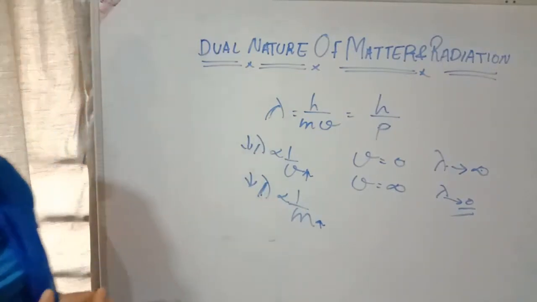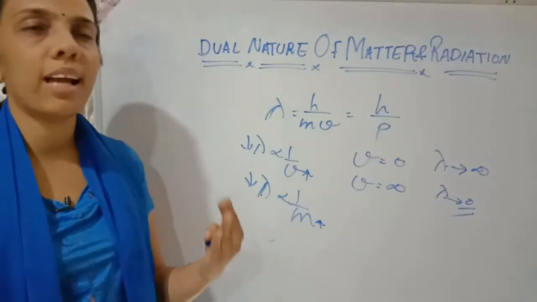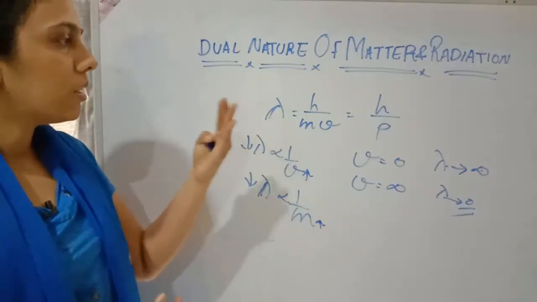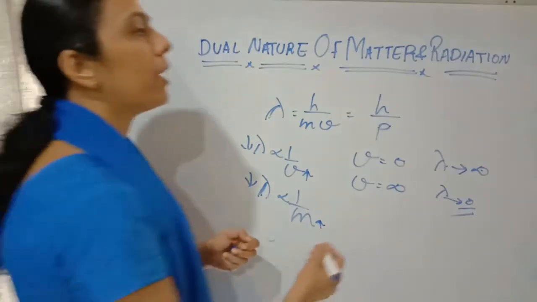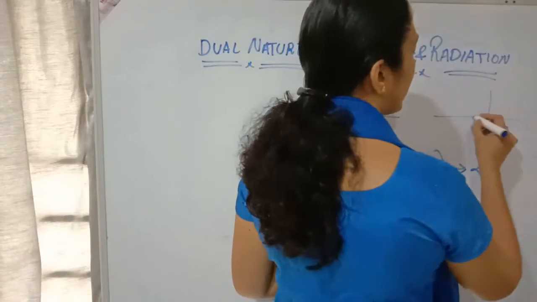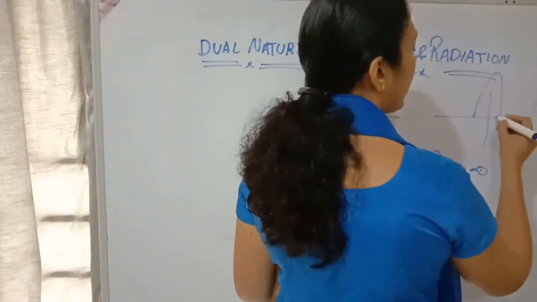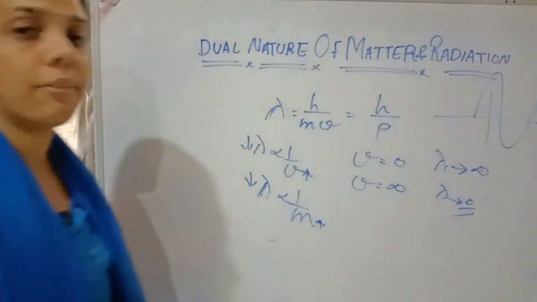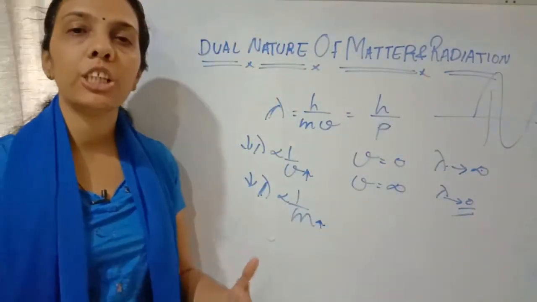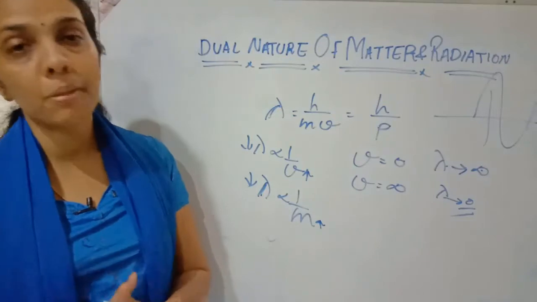Then this de Broglie hypothesis helped to find out Heisenberg's uncertainty principle, right? Because of this wave nature, it is very difficult to find the position of a particle. We can't predict the position and momentum of a particle simultaneously.